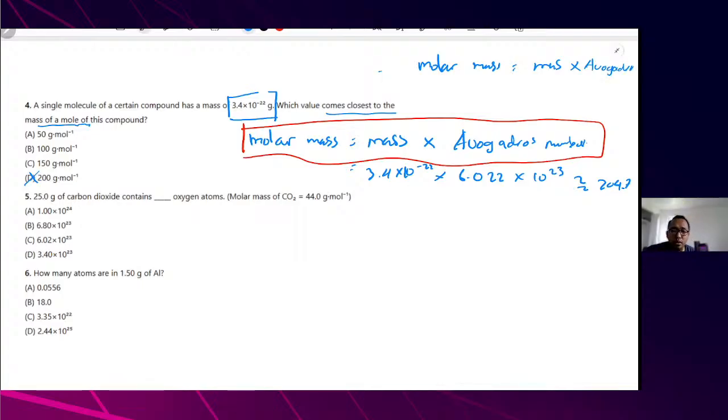Okay, Avogadro's number. So let me build another one.